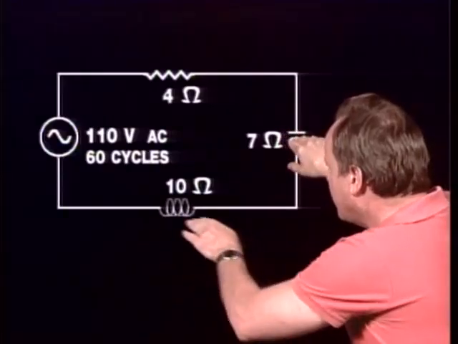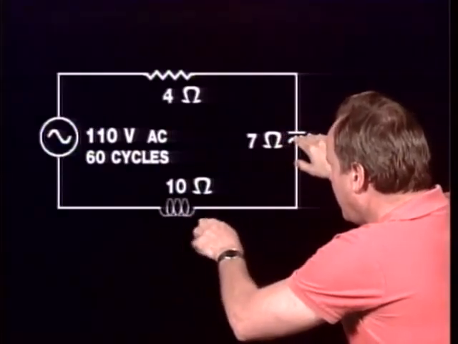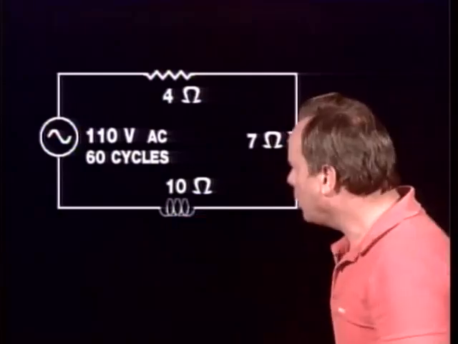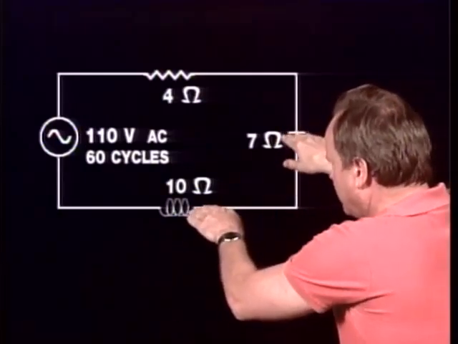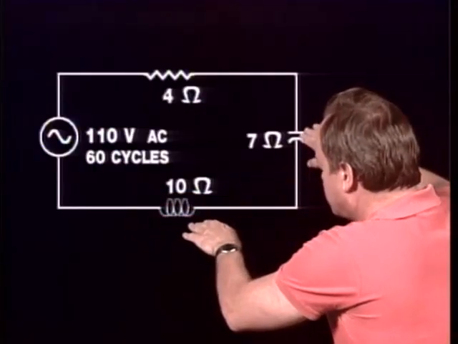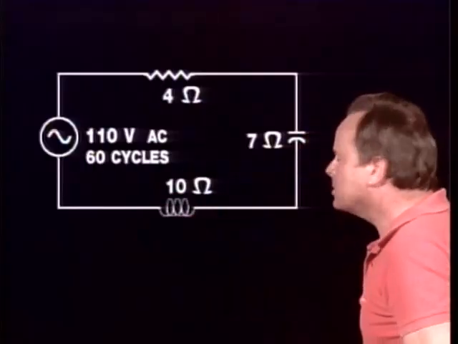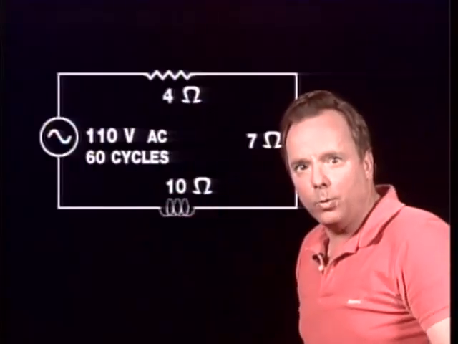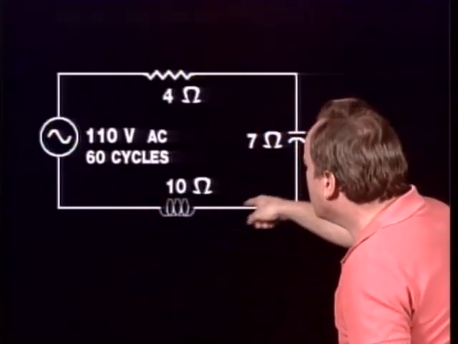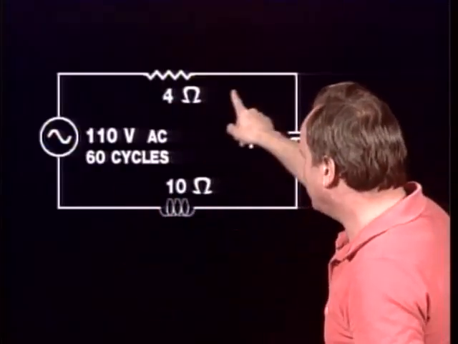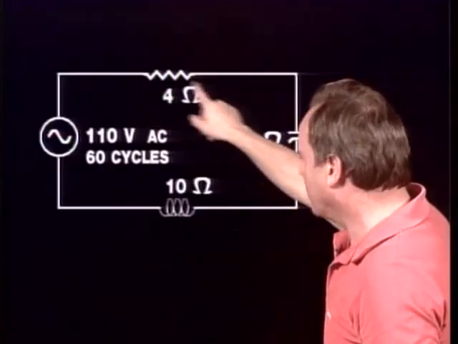So these behave opposite of each other. And as you can see right now, there will be a frequency that the AC goes in this circuit in which inductive reactance and capacitive reactance cancel each other out, and it will be as if they were not there. The only thing left in that circuit will be resistance.